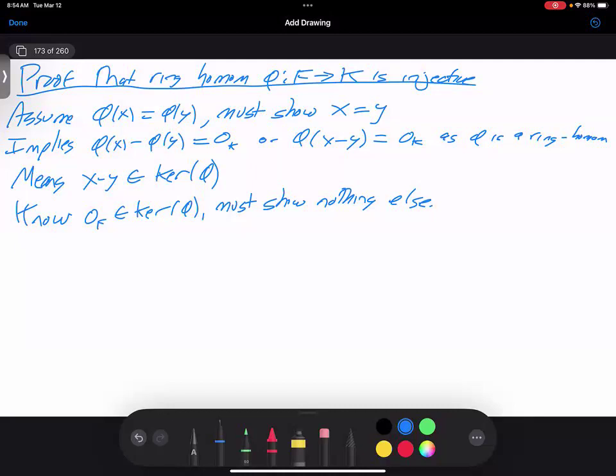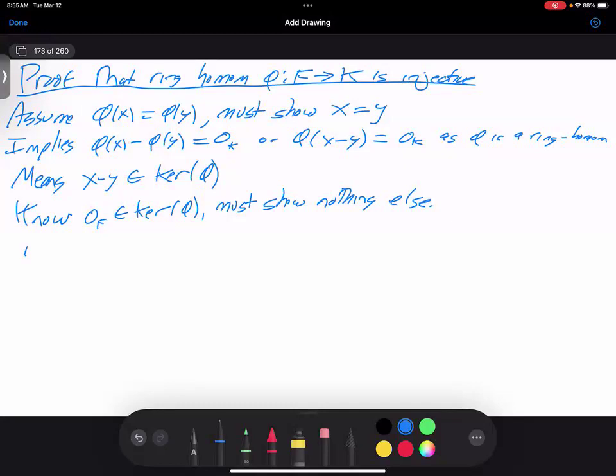And so we know we have the 0 element. We have some new element x minus y. We want to show x minus y is equal to 0. So do we agree that x minus y is in the kernel? x minus y is sent to 0.